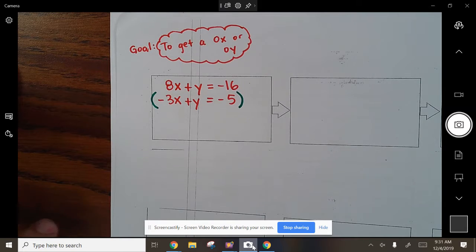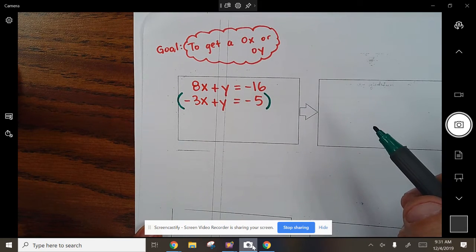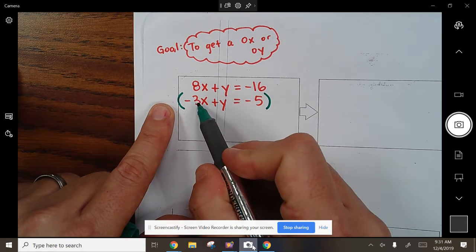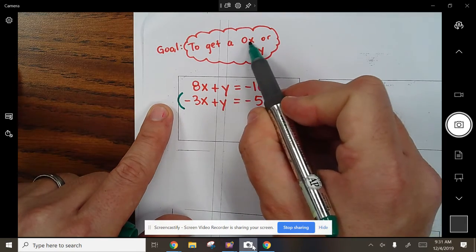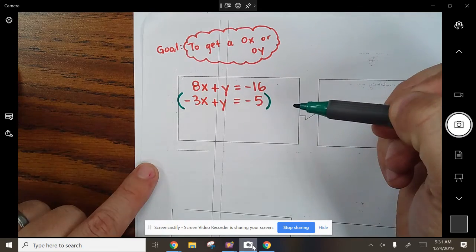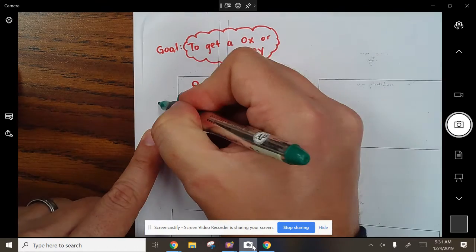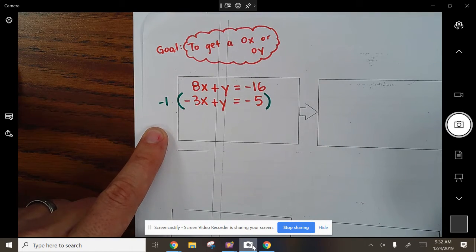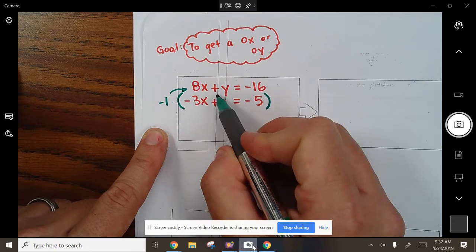Okay? So I put a parenthesis around this equation, and I'm going to multiply a number to all three of these terms that'll eventually get me either a 0x or a 0y when I add down. And I'm going to help you out with this first one. I'm going to multiply this whole equation by negative 1. And if I multiply it by negative 1, let's go ahead and do this. Do the first jump, and then the second jump, and the third jump.